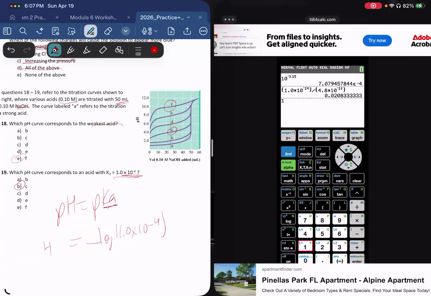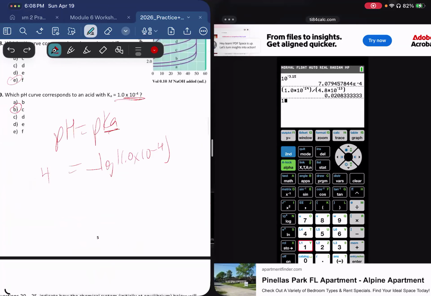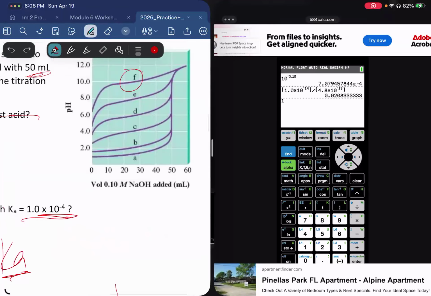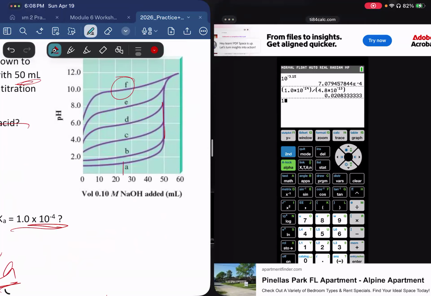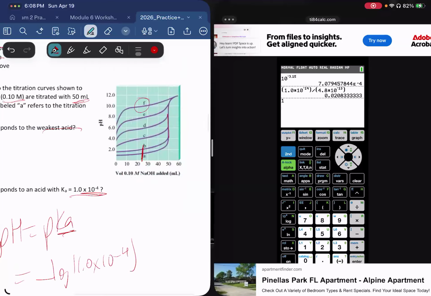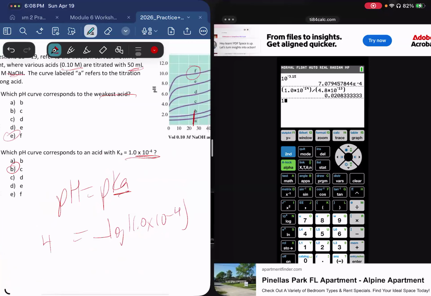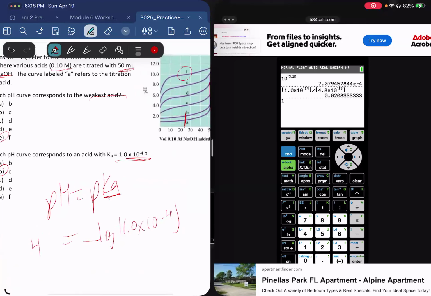So this is a hint: this acid has a Ka value of 1.0 times 10 to the negative 4. If I plug into pH equals pKa, I can see that the acid at the half equivalence point, the point at 25 milliliters, because 50 is the equivalence point, is going to give me the pH.